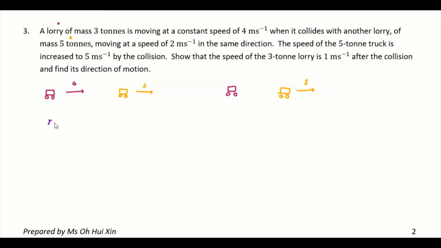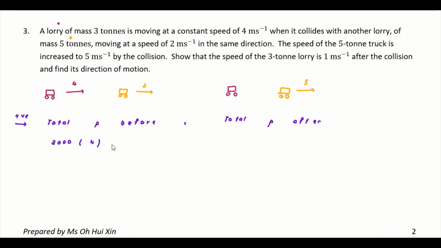So the same thing, total P before is going to be equal to the total P after. So for the before, we have the 3 tons multiplied by 4. Going that side is positive. Okay, moving to the right is the positive direction.